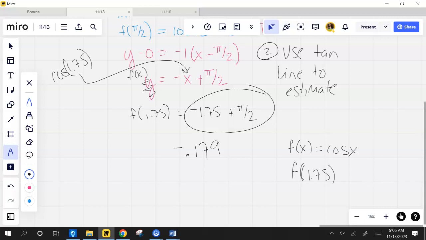If you borrowed one of mine, make sure your mode is right. I got negative 0.178. Look how close they are. It's an estimation. That's exactly right.